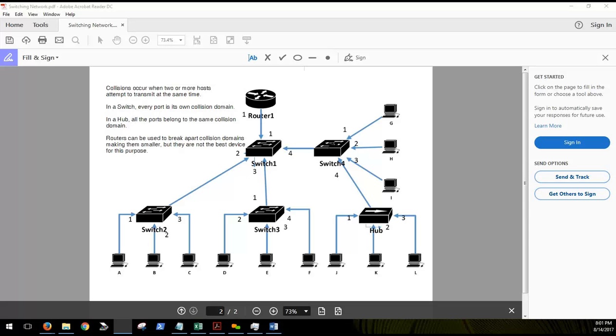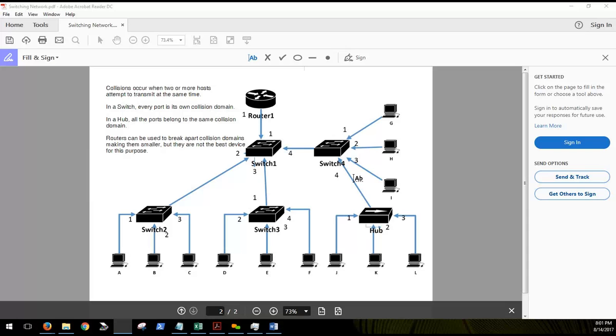Looking at switch number 4, how many collision domains are attached to switch number 4? Three. Check it. 1, 2, 3, 4, 5. There are five collision domains.